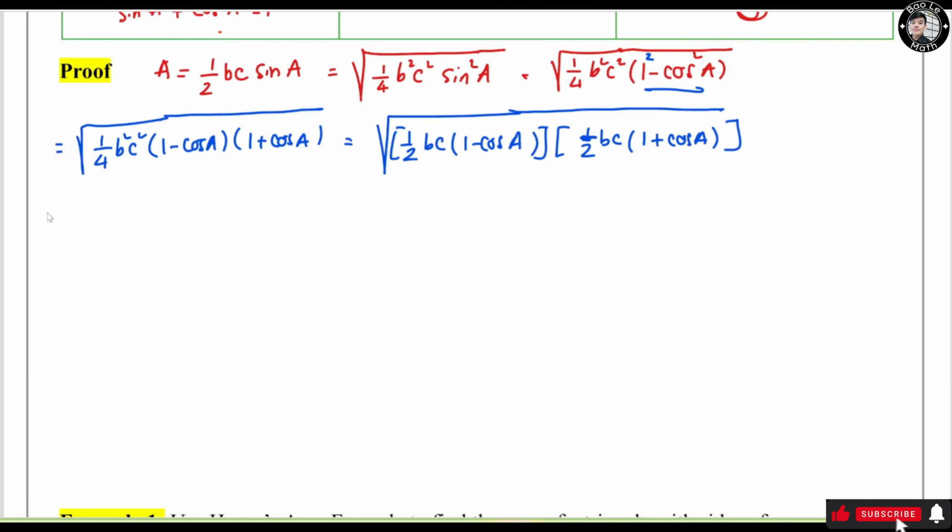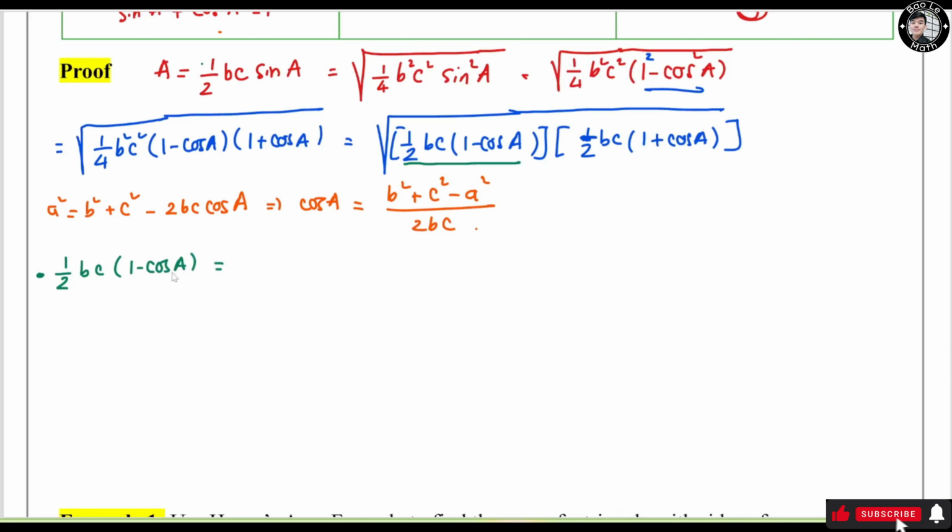Side note, you have the law of cosines: a squared equals b squared plus c squared minus 2bc cosine of angle A. So cosine of angle A equals (b squared plus c squared minus a squared) over 2bc. Now I'm going to deal with the first factor first, so I replace cosine A with this.